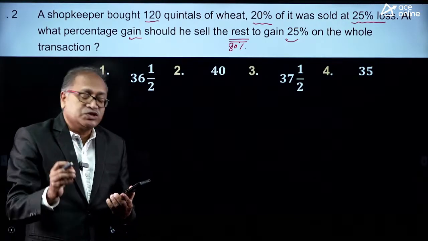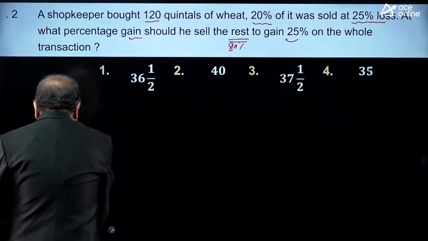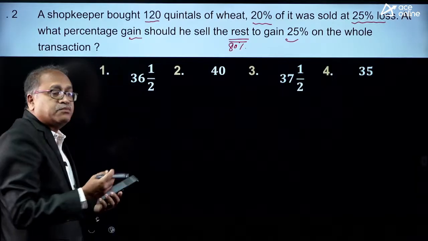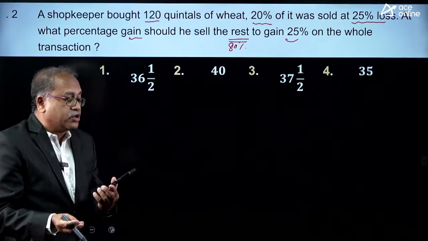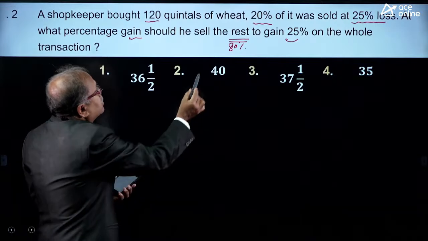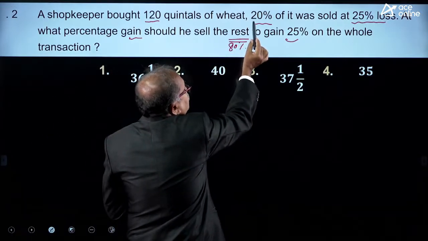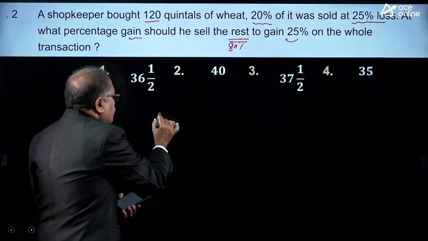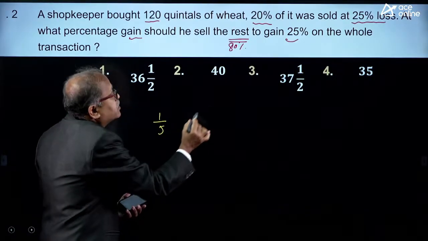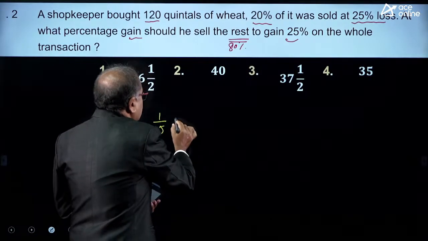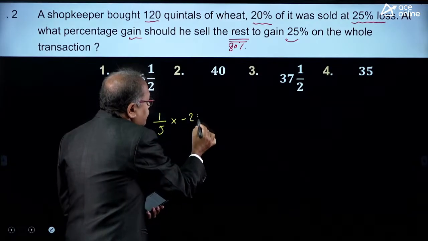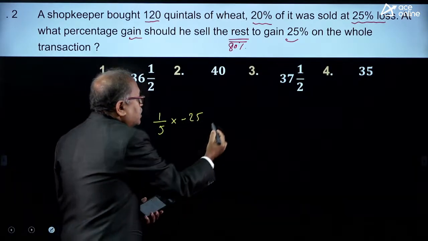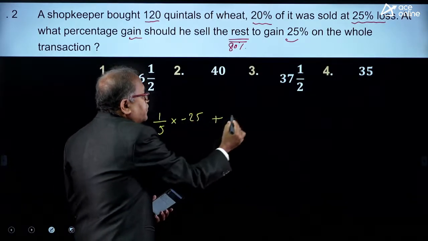Now, I am giving the best method to answer this question here. I am sure you will be able to answer this question. It is already said that 20%, the fraction of 20% is 1/5. So 1/5 is sold at 25% loss, so minus 25, plus what about the remaining 4/5?